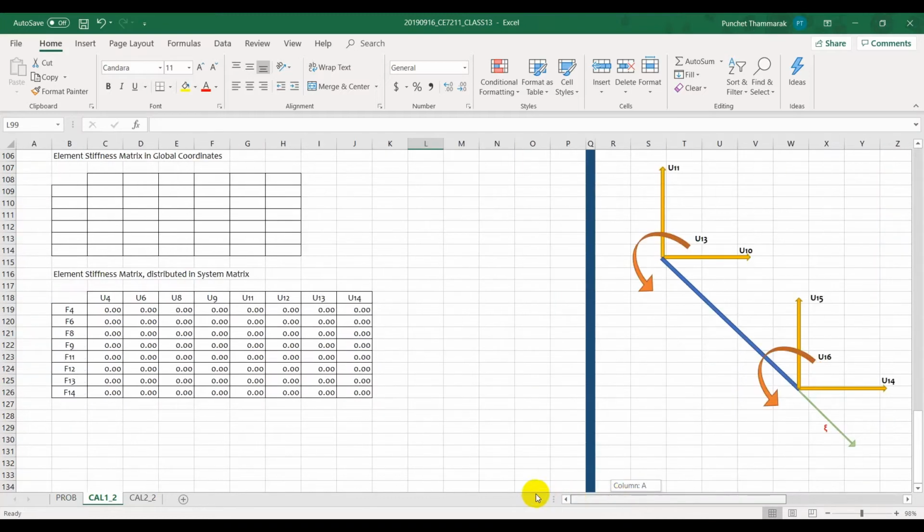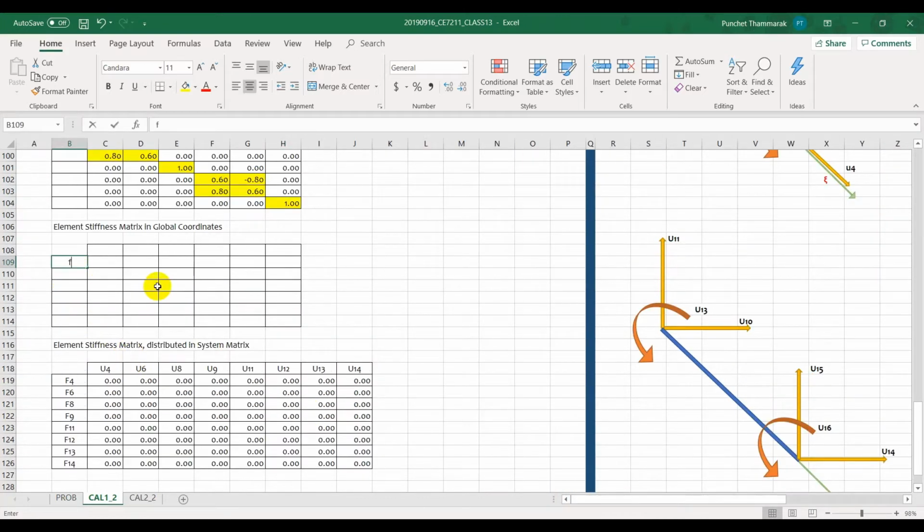All right. So F10, 11, 13, and 14, 15, 16. U10, U11, U13, 14, 15, 16. F10, it should be uppercase because we are talking about the global coordinates.